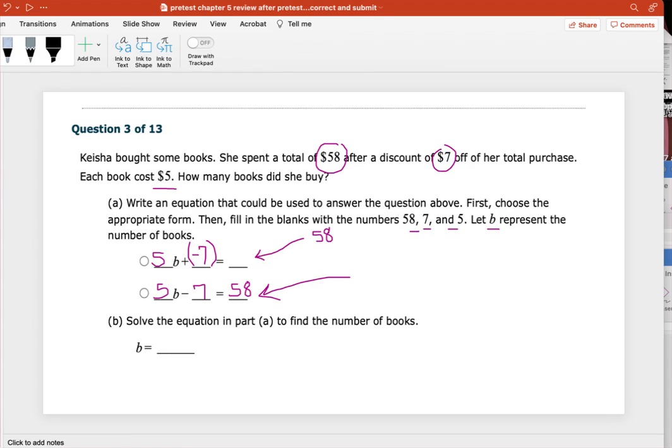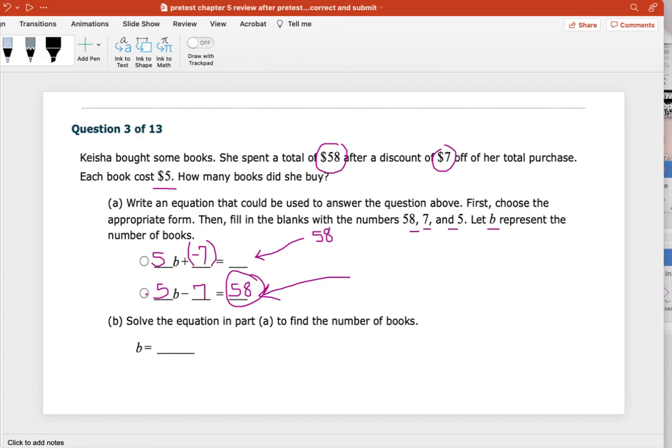Now I always read my problem twice before I finalize my answer. She bought some books. She spent a total of $58, which is her total cost, after a discount of $7 off. So she's not going to have to pay the $7 to get the $58. Each book is $5, so 5 times the number of books will be how much she was charged, but then she had a discount.